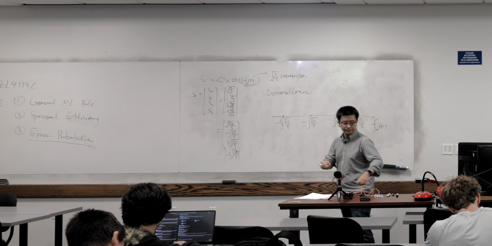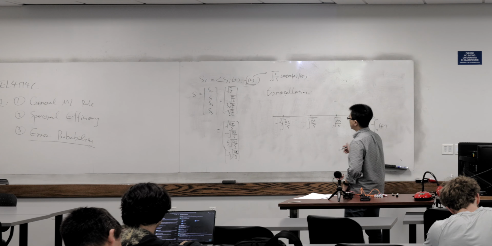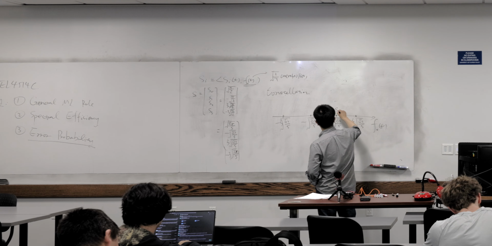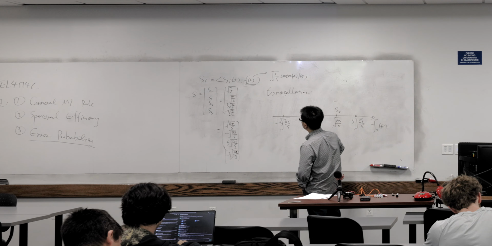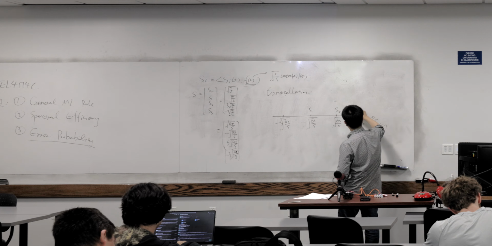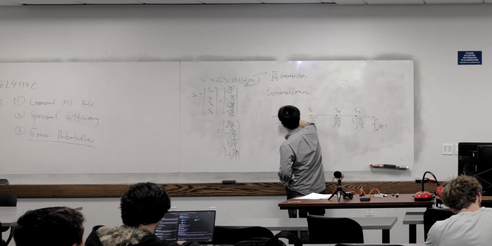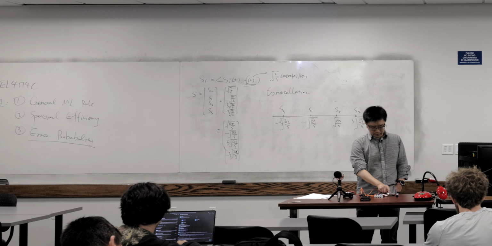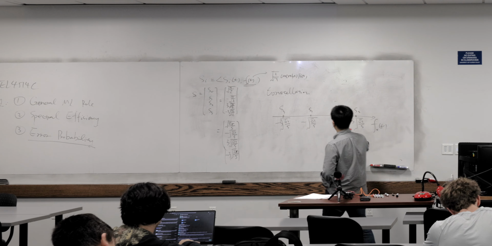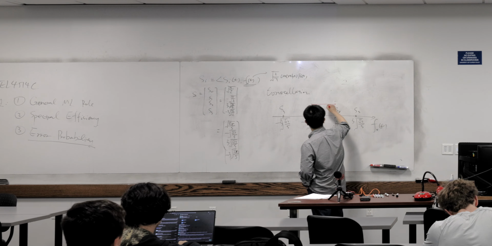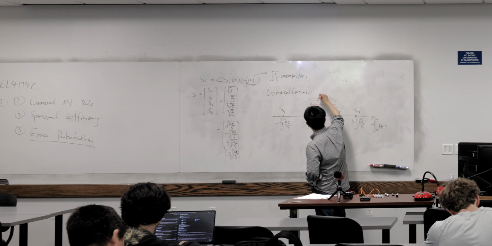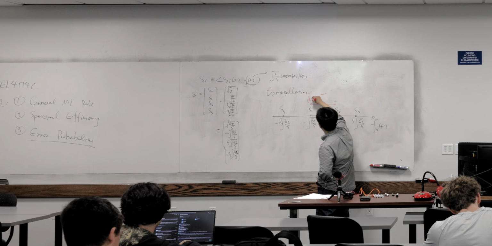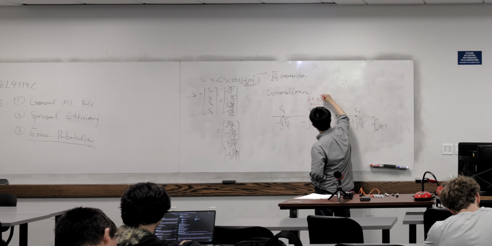Let's label all the s here. So this is our s0, and this is our s1, and this is our s2, and this is our s3. Here we can see that the distance between this pair is 2 times square root of Es over 5.